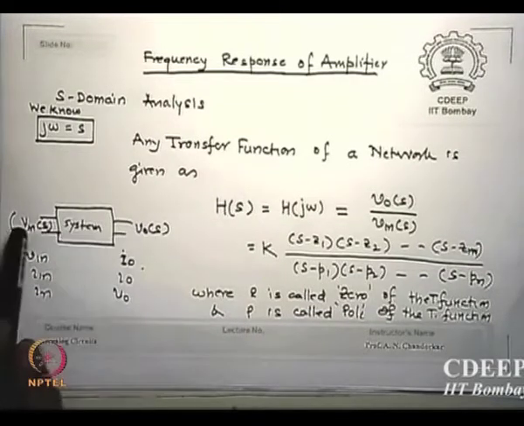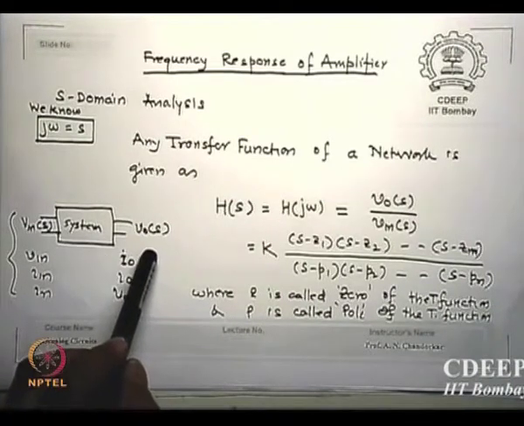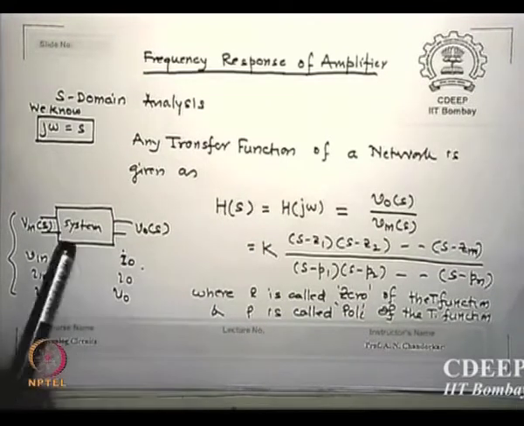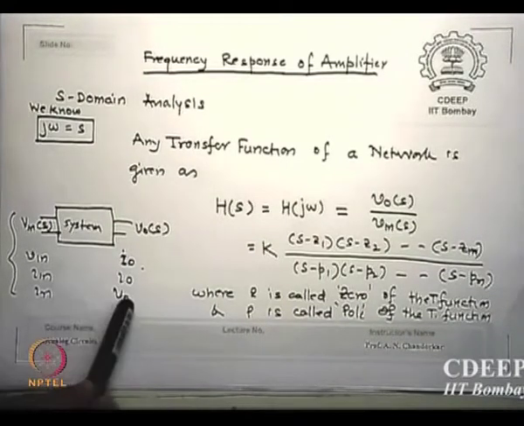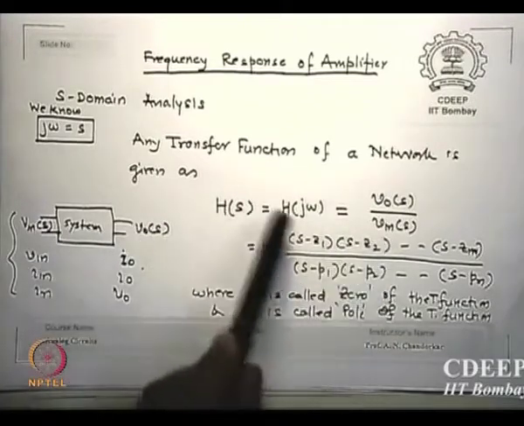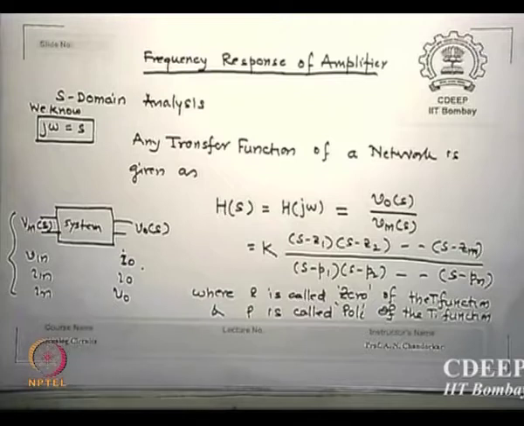Voltage by voltage is voltage gain, voltage in and current out is transconductance gain, current in and current out is current gain, current in and voltage out is transresistance gain, is that correct? So four different gains are possible. We are right now using the voltage transfer function because in most cases the amplifiers we are using are voltage amplifiers, but later we will see it can also be any one of them.